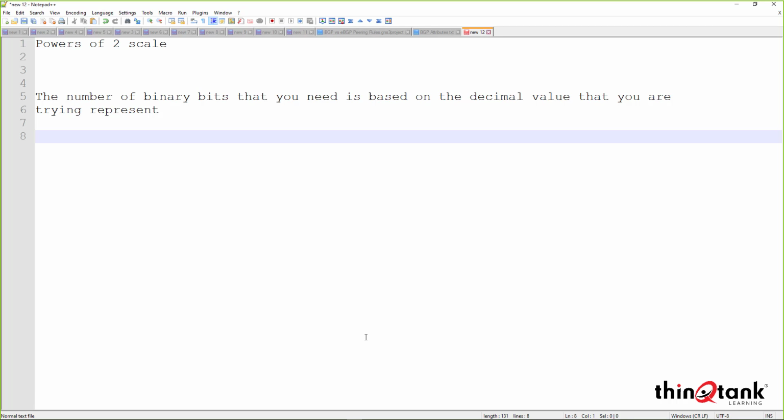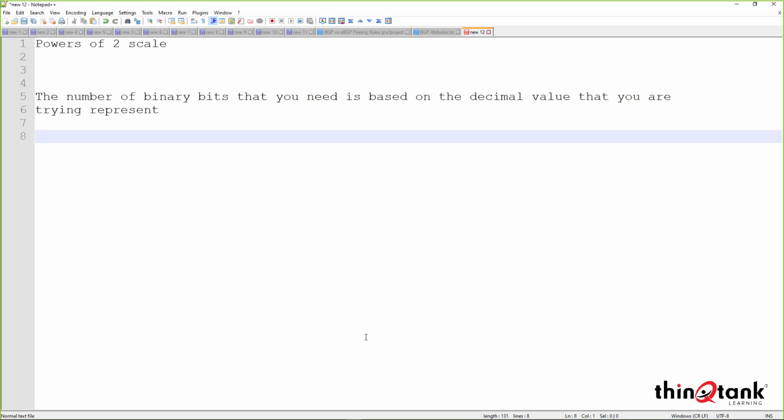Same thing applies to, say, for example, the port number field in a TCP header. Those fields are 16 bits long or 16 bits wide. So that means that you can only have port numbers 0 to 65,535 because 2 to the power of 16 is 65,536.